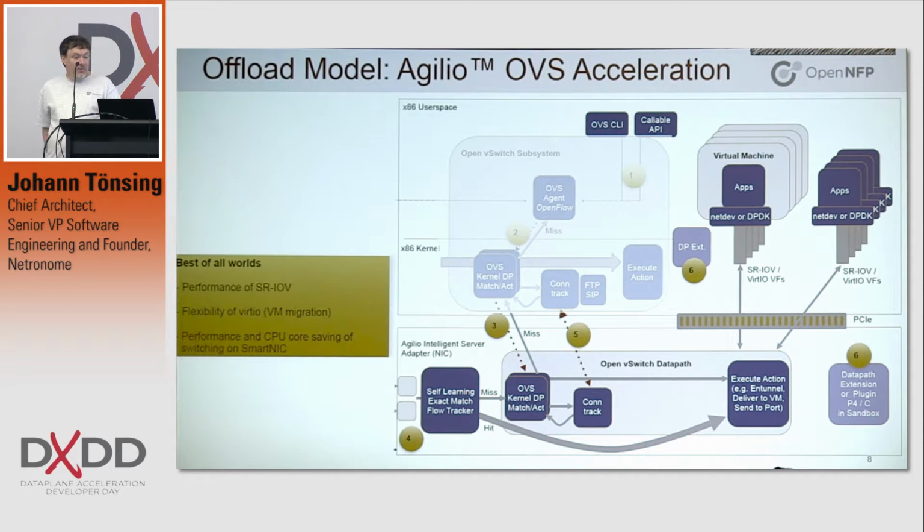So this gives you the best of all the worlds here. You can get the performance of SR-IOV, you can get the flexibility of virtio supporting things like VM migration, and still the core saving related to switching on the SmartNIC.